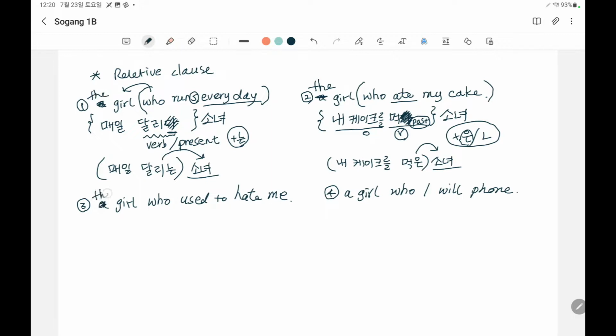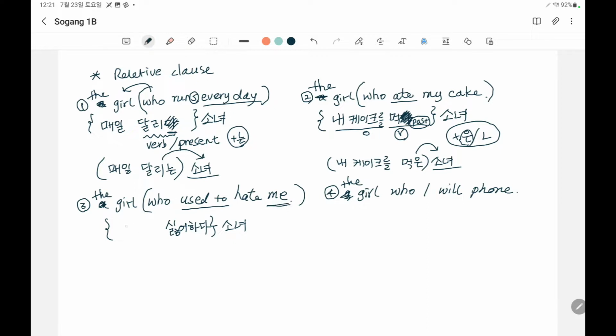자, number 3 봅시다. Number 3, the girl who used to hate me. 자, used to, slightly different from the simple past. Let's start with the base form. 자, hate 뭡니까? hate. 싫어하다 있어요. Hates what? Me.